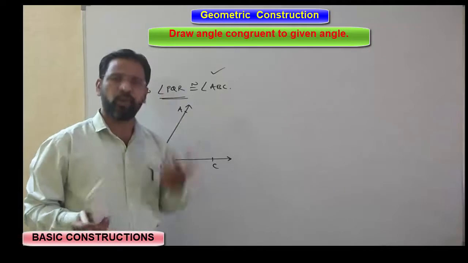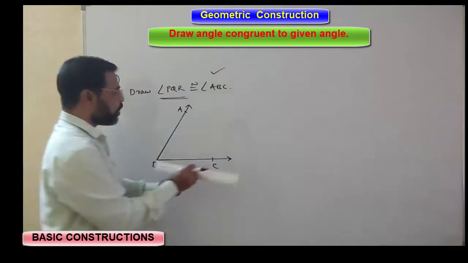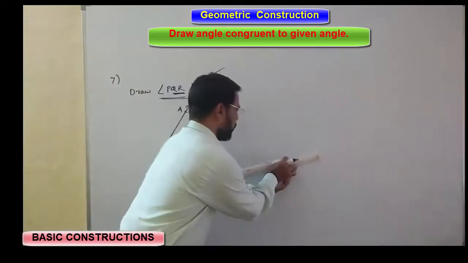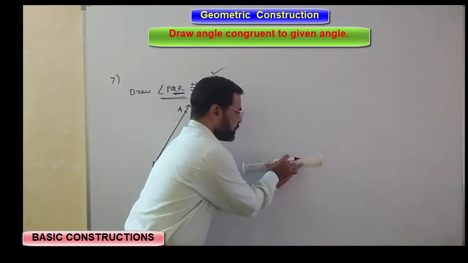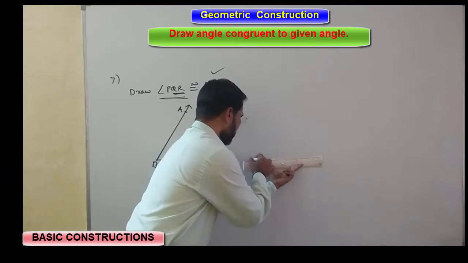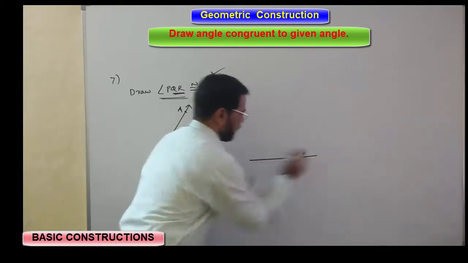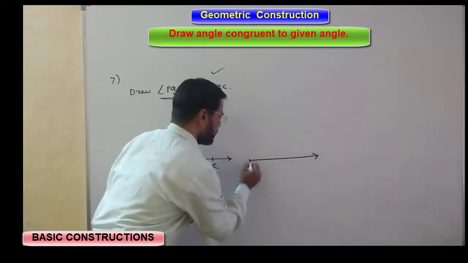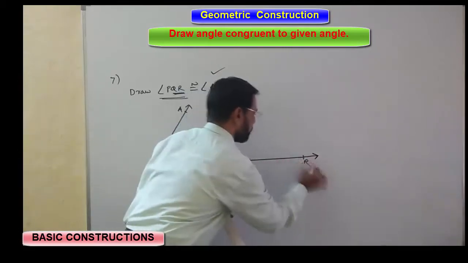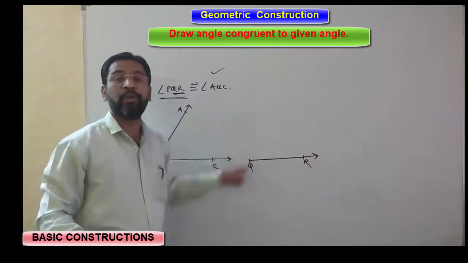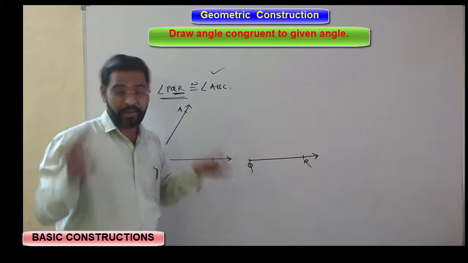Just look, it is a very important one. Look here. I have to draw first the base, which is QR. I'll draw it. The base length, we cannot take any particular length here. See here, this is a base. This is Q. Now we have to take here that ray QP. Exactly where? Look here.